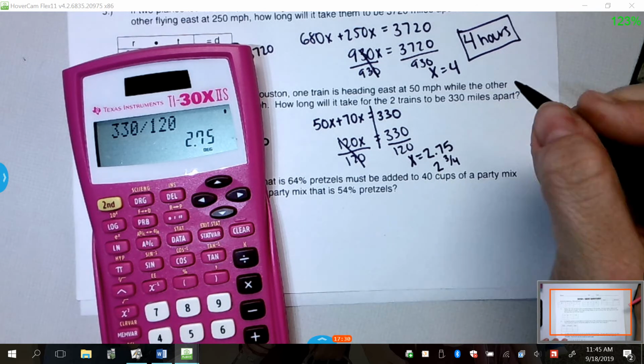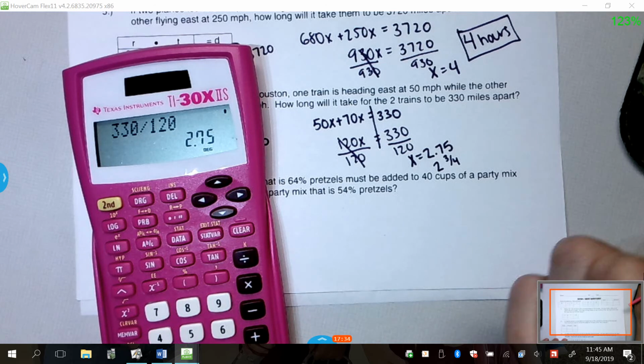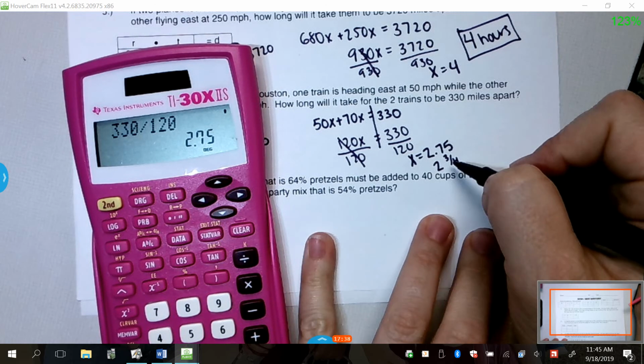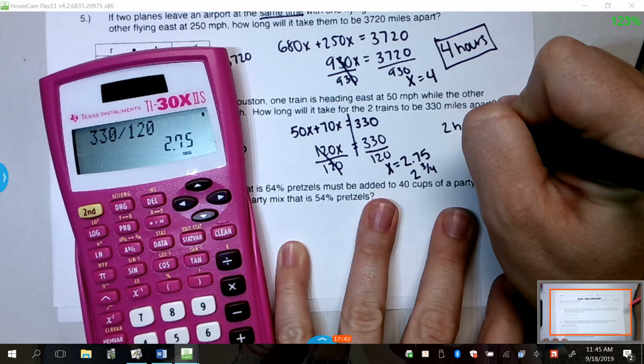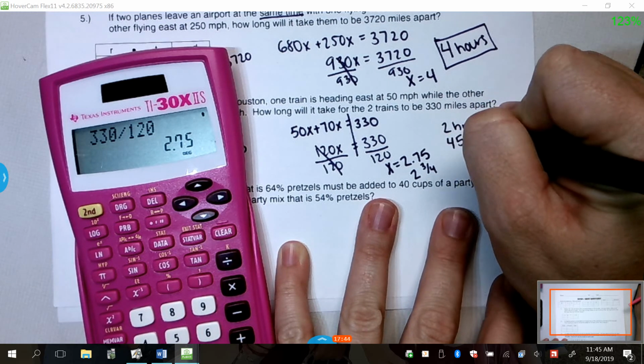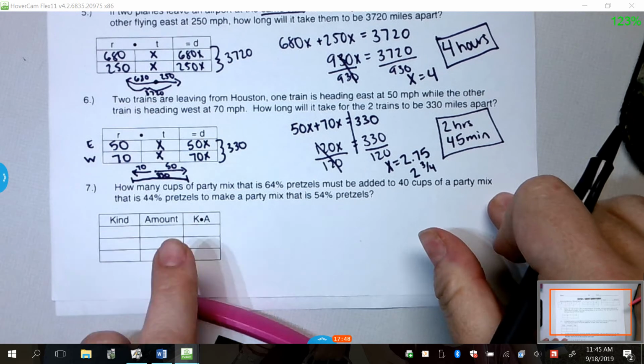Okay, because think of quarters. I always like to think about quarters. 3 quarters is 75 cents. 4 quarters makes $1. So I want you to realize that 3/4 of an hour is 45 minutes. So this is 2 hours and 45 minutes. Because that's what we were solving for, is our time.